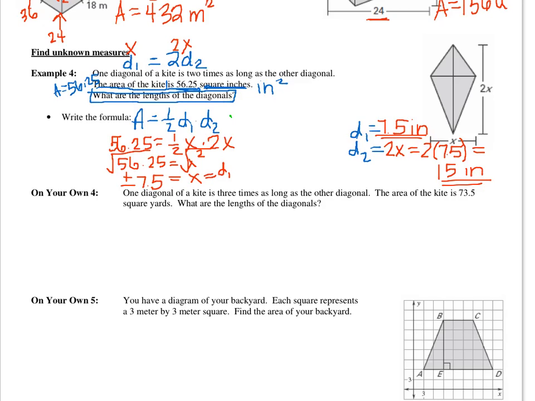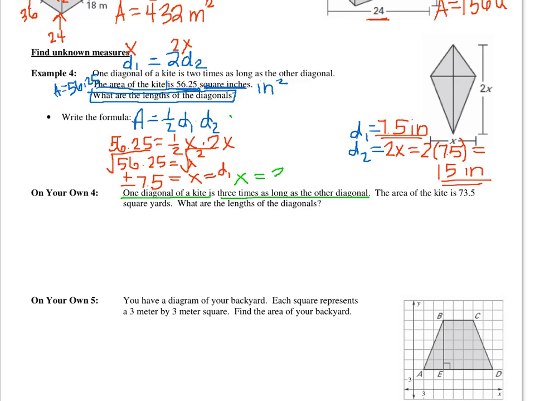On your own 4, it says one diagonal of a kite is 3 times as long as the other diagonal. So let's write that into an equation. One diagonal of a kite, so let's name that X, is 3 times as long as the other diagonal.